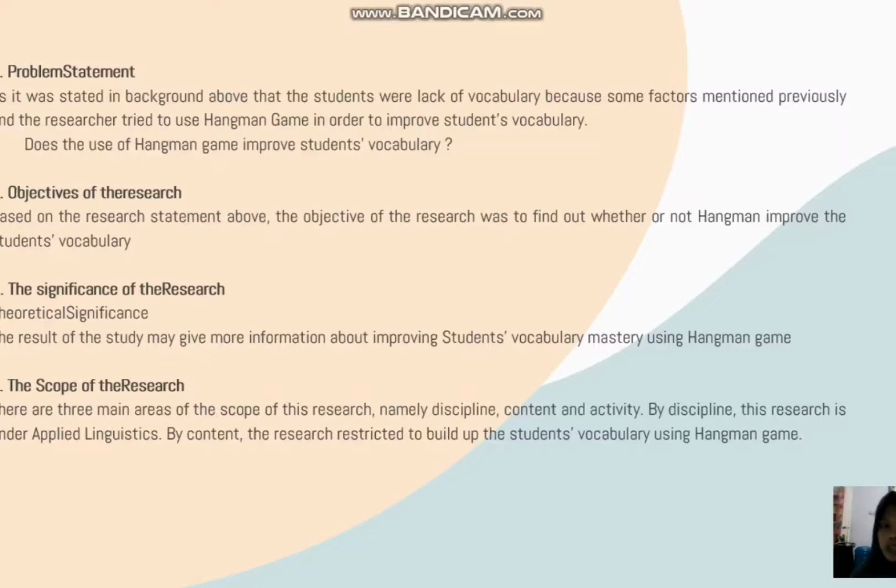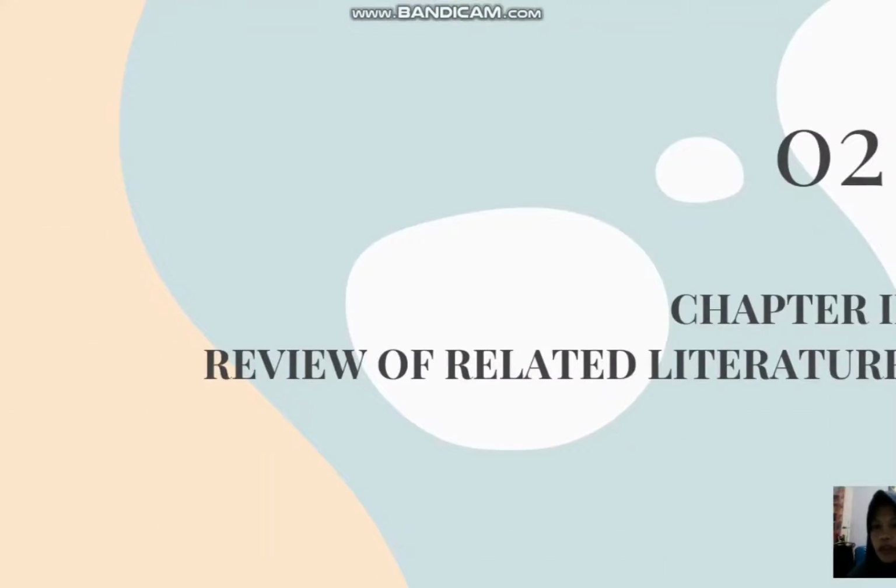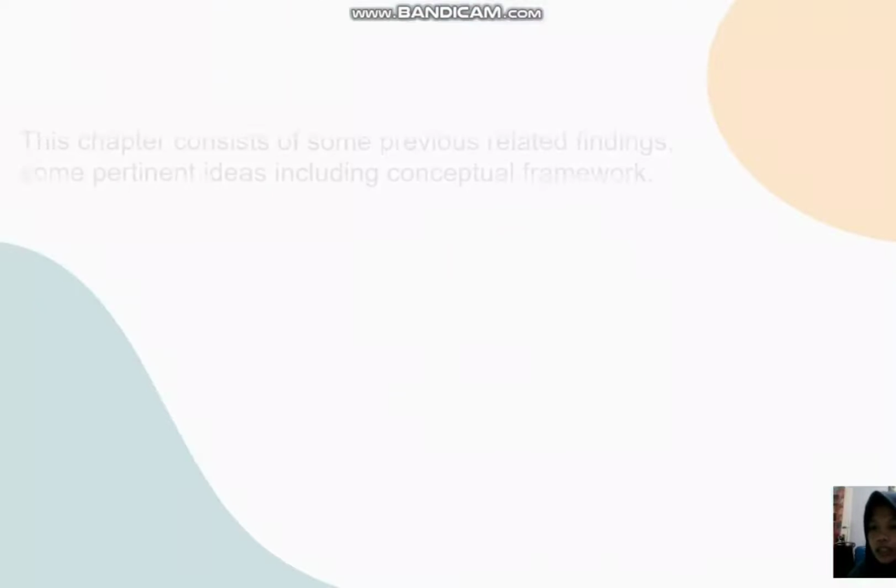And the last is the scope of the research. There are three main areas of the scope of this research, namely discipline, content, and activity. By discipline, the research is under applied linguistics. By content, the research tries to build the student vocabulary using Hangman games. And then review of related literature.